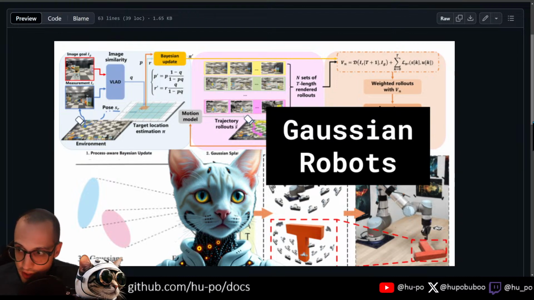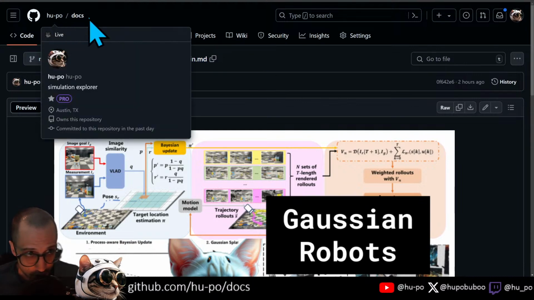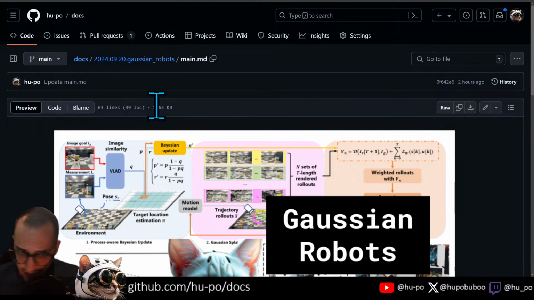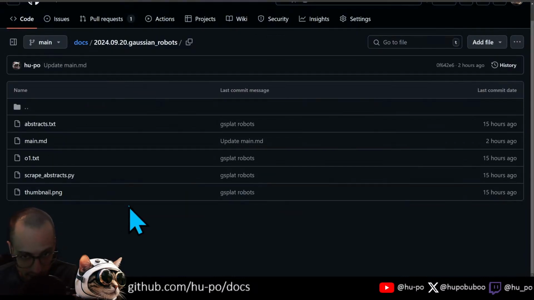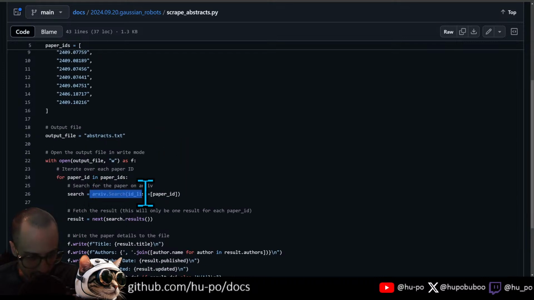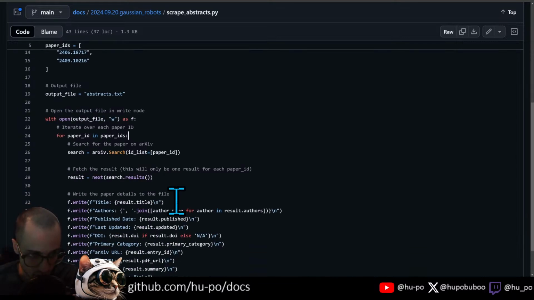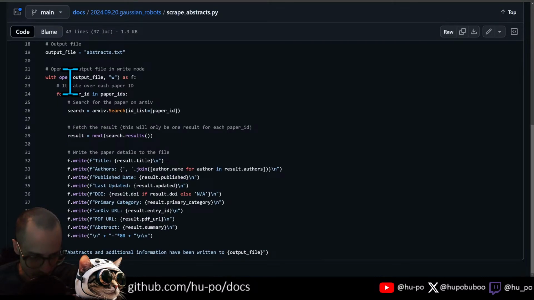And as always, you can find all the links and documentation for this here in this repo called Hoopo Docs. And there's some extra stuff in there this week. I made a little Python script here that scrapes using Archive. Archive actually has an API, in case you guys didn't know, but given the paper ID, you can get basically the abstract of it.